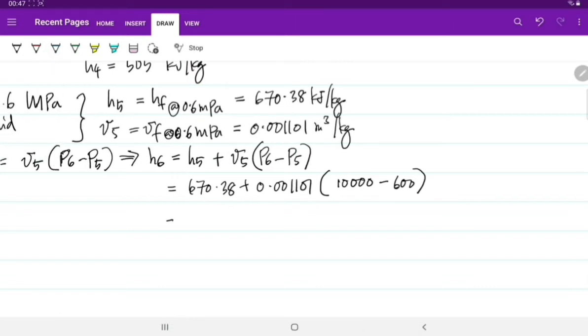Okay, in the calculator you obtain H6 equals 680.73 kilojoules per kilogram.